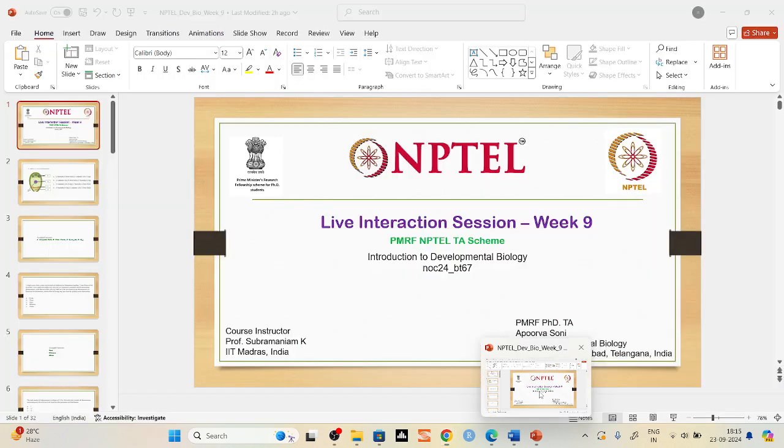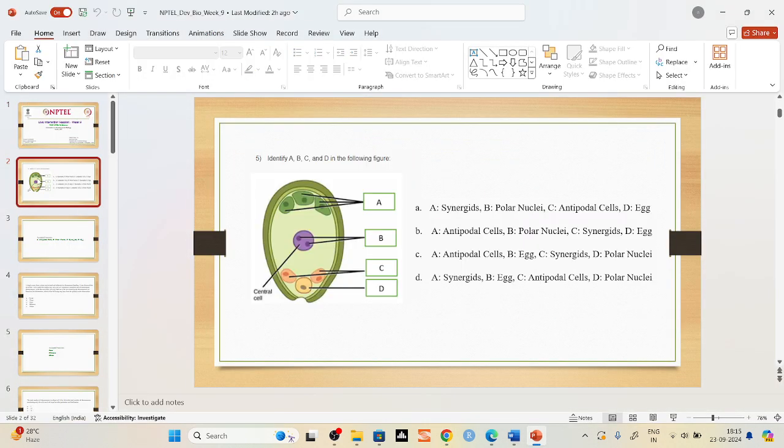So now we'll do the questions. The first question is, identify A, B, and C in the following figure. So in this figure, we have to identify what A, B, C, D represent. The options are: A, synergids, B is polar nuclei, C is antipodal cells, and D is egg.